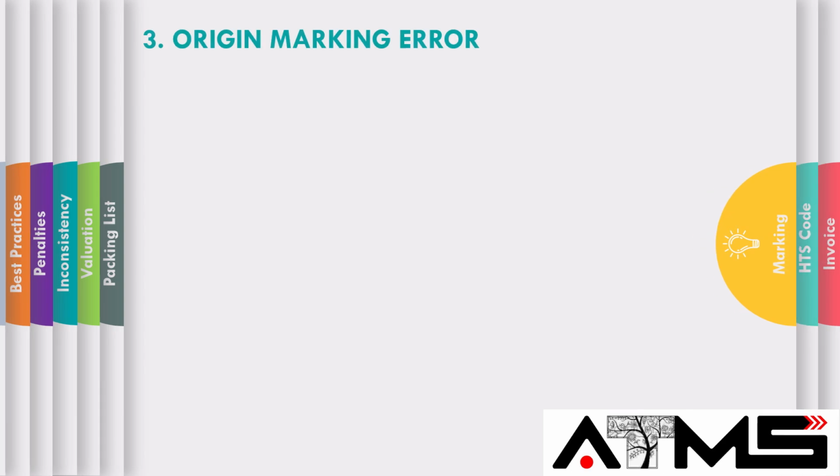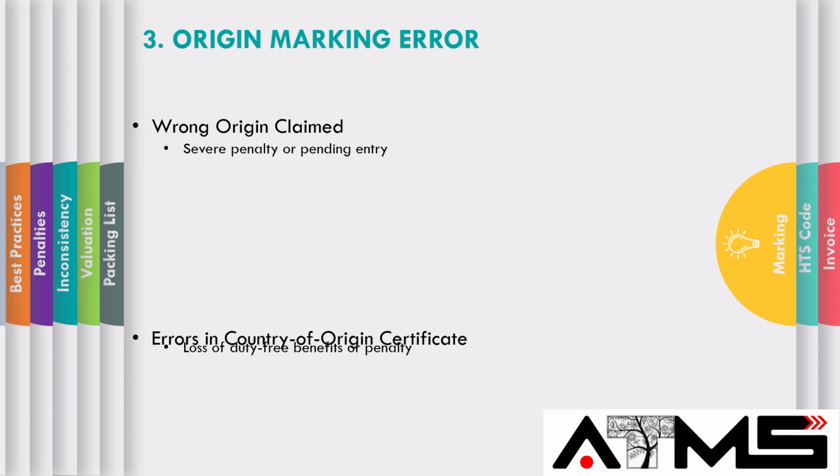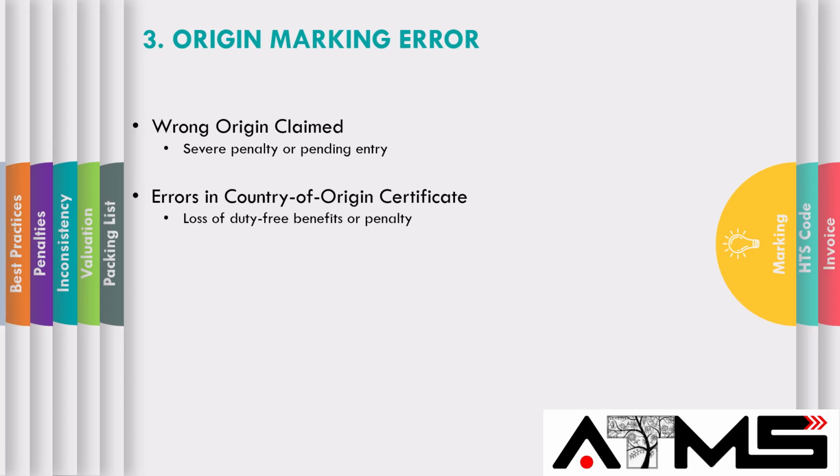Origin marking is another major area where CBP issues penalties. Incorrect country of origin declaration, for example, marking Chinese goods as Korean, can lead to fines or import suspension. Errors in the certificate of origin may result in loss of duty-free benefits or administrative penalties.